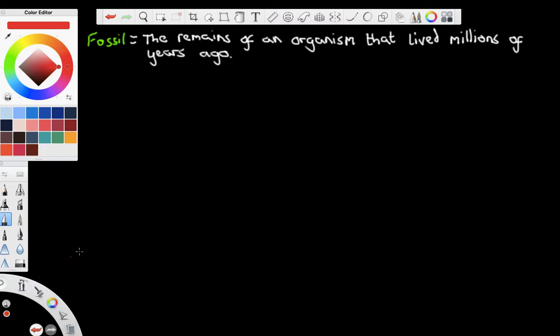So I'm going to put underneath here first in red that fossils show the hard parts of the organism.